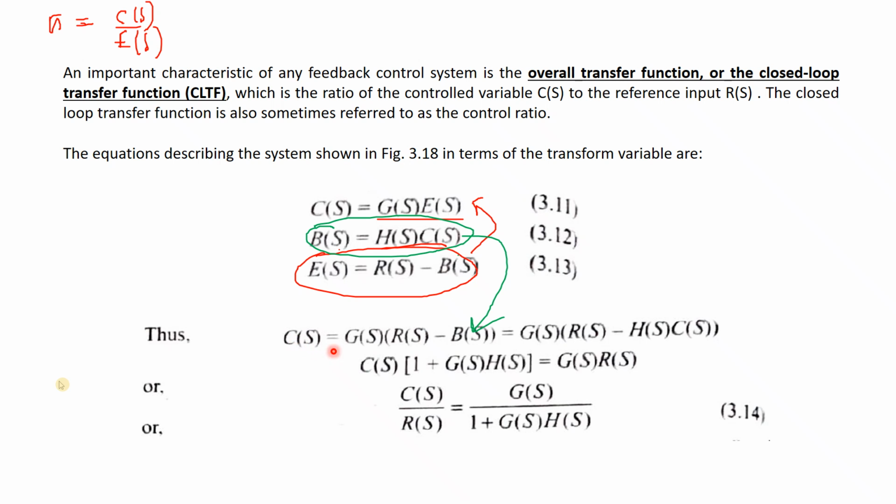Now, on the left hand side we have CS, and on the right hand side we have GS into RS minus HSCS. So we will take CS common.